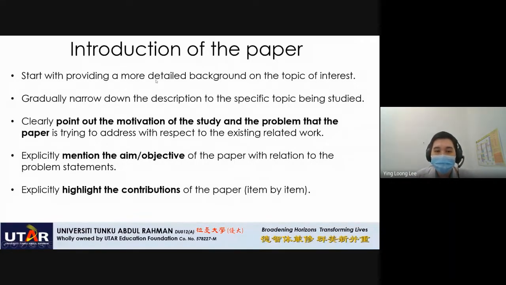Once you have a detailed background, you can narrow down the description to the specific topic you are studying, right? We always try to introduce the area first, the field, and then narrow down to the topic that you are studying. And your introduction should consist of the statements stating the motivation of the study and the problem that the paper is trying to address.